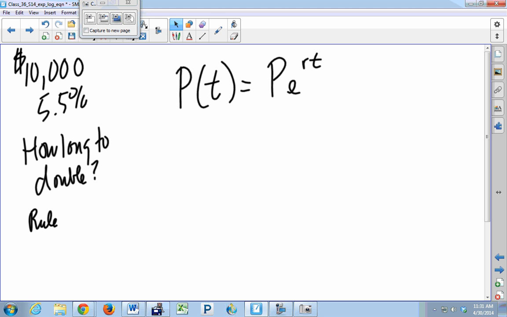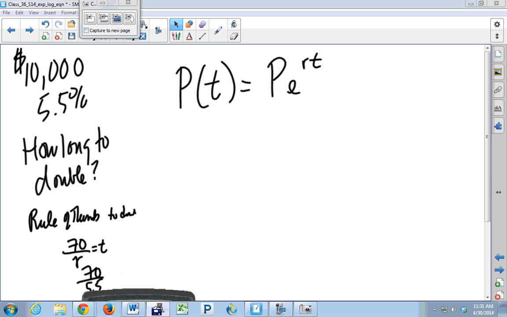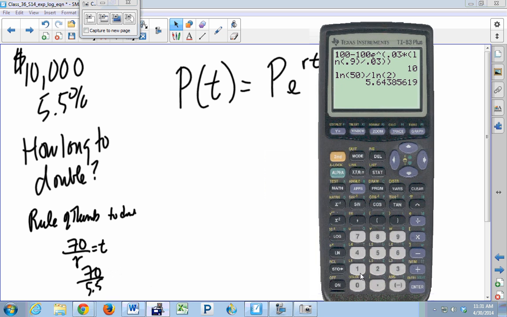Here's the rule of thumb. It's called the rule of 70. You take 70 and you divide it by your rate and you get the time to double. So 70 divided by 5.5%. This is just a quick way to do it, okay? So 70 divided by 5.5.